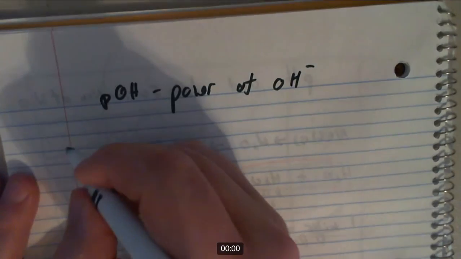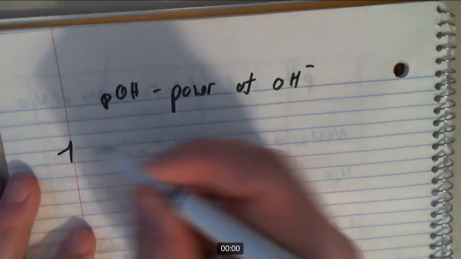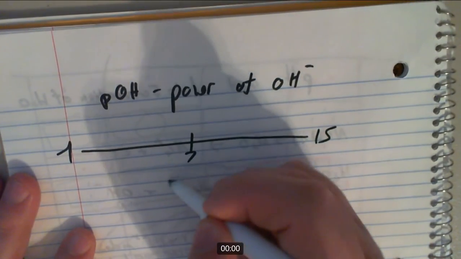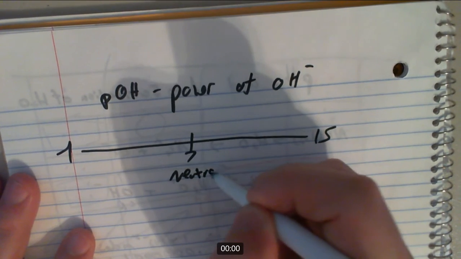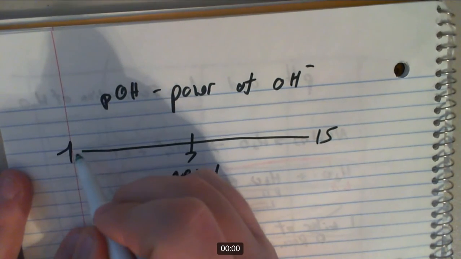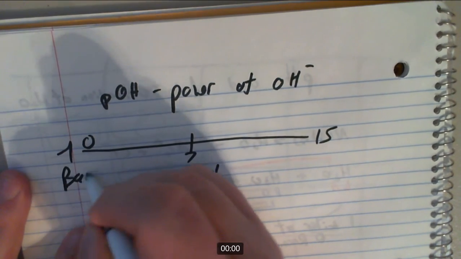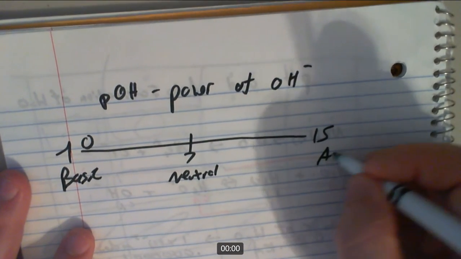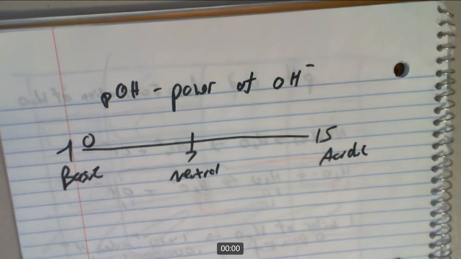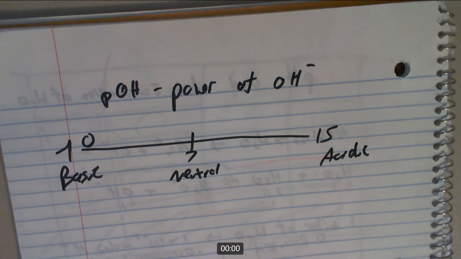It also is roughly negative 1 to 15 or so. 7 is still neutral. But negative 1, 0 down here is actually the basic end. And this is the acidic end. We do not use the pOH scale very much.